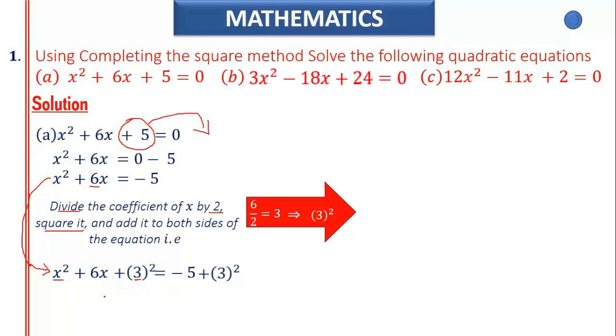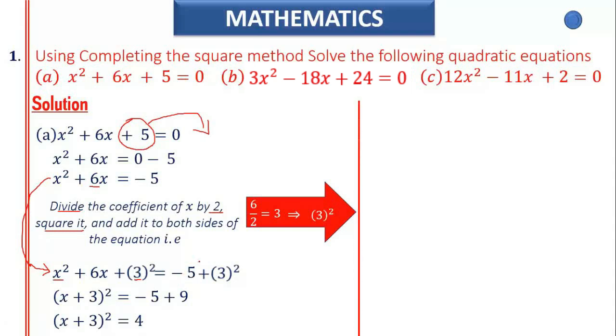So you pick x plus 3, then square it, equal to, and at this point you can expand the right side, but not the bracket, or else it will mess things up. If we simplify this further, we have x plus 3 squared equals 4.